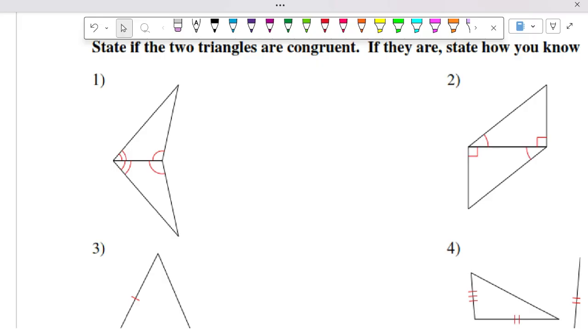So anything I can mark congruent besides what's already marked? The shared side. So since I marked that, what postulate are these two triangles congruent by? So look at the placement of the angles, the placement of the side. What postulate are they congruent by? ASA, angle, side, angle.